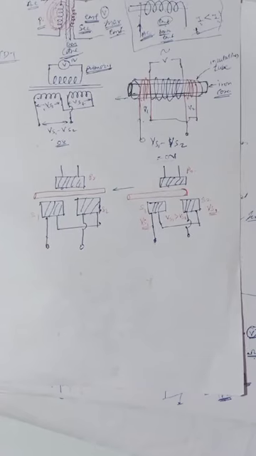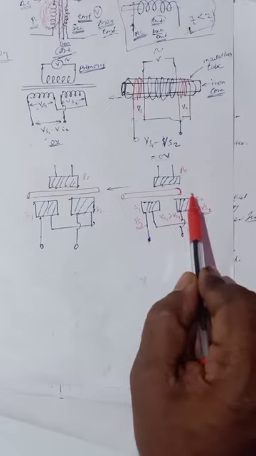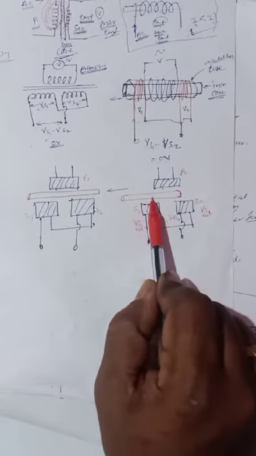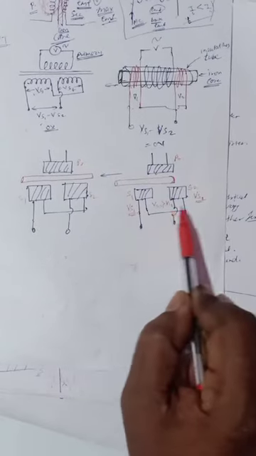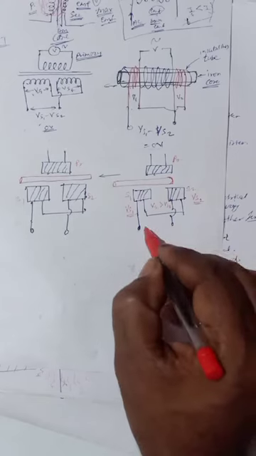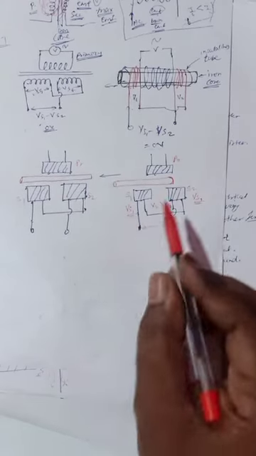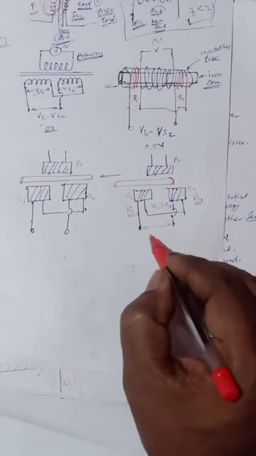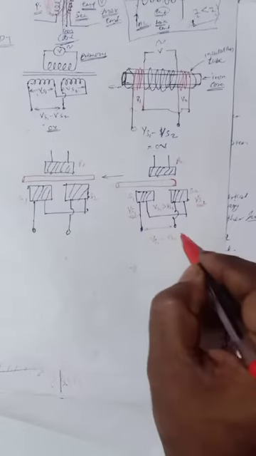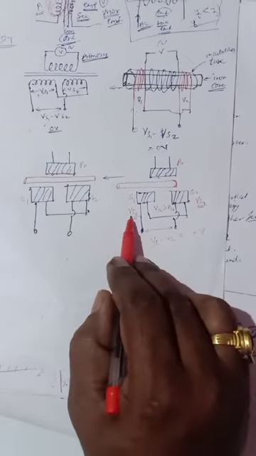Because this is half iron core and half air core, while here it is full iron core. So Vs1 is greater than Vs2, and we get a difference voltage, Vs1 minus Vs2, which is in phase with Vs1.